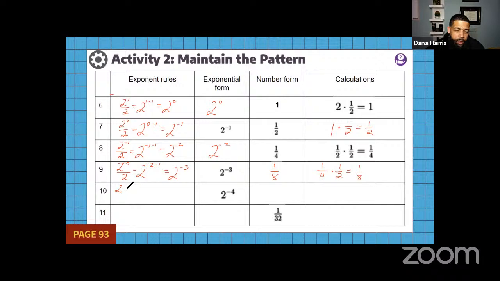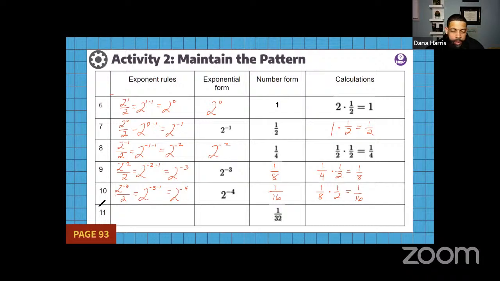Continue the pattern. I say 2 to the negative 3 power over 2, which equals 2 to the negative 3 minus 1 power, which equals 2 to the negative 4 power. And that is 1 over 16. So I get 1 over 16, which is 1/8 times 1/2.